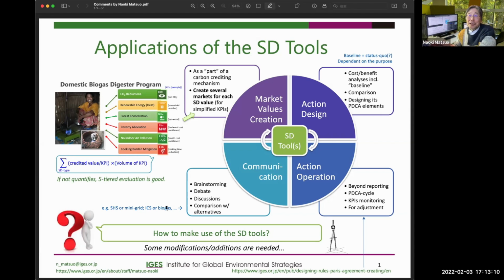But the biogas digester is much better in the sense of SD components, but its initial cost is about ten times that of the ICS. So we have to start mainly from ICS, and for the richer people, the biogas digester needs to be incorporated. For that kind of designing and also the communication issue, these SD tools could provide a good way of thinking.